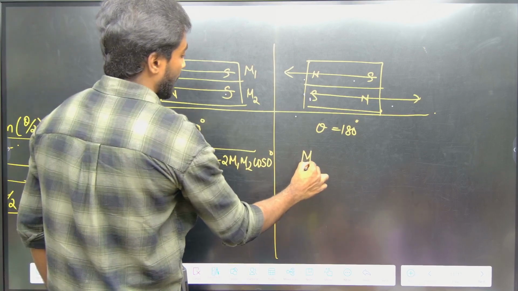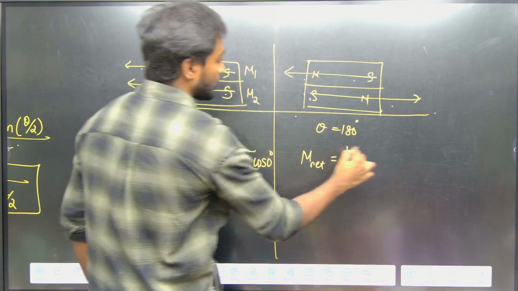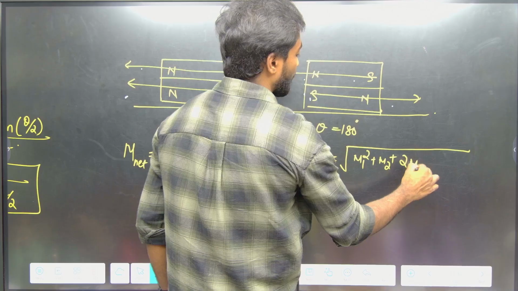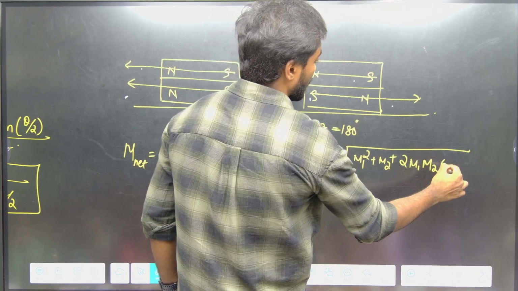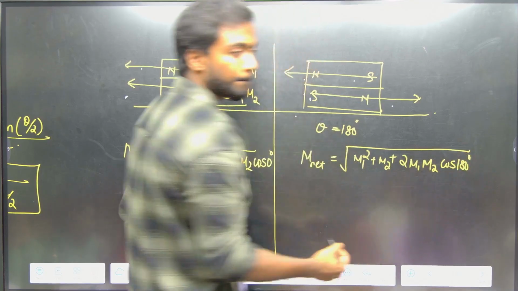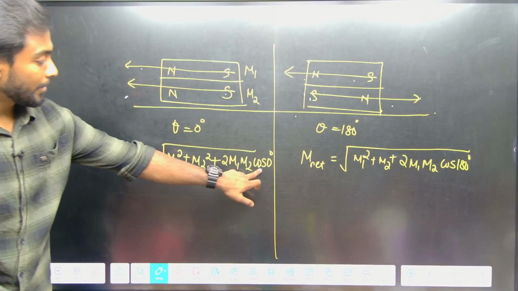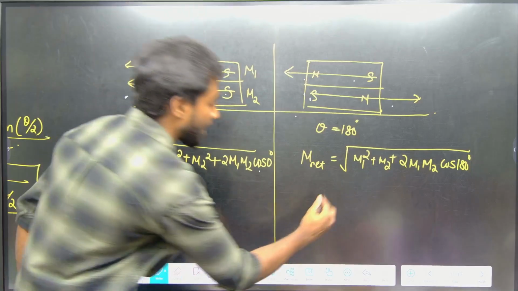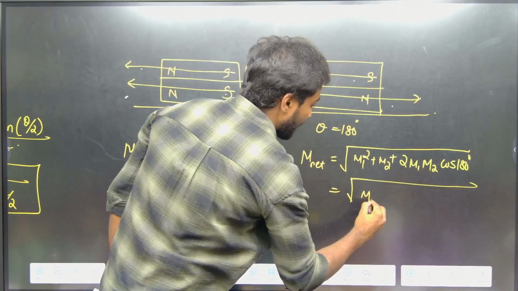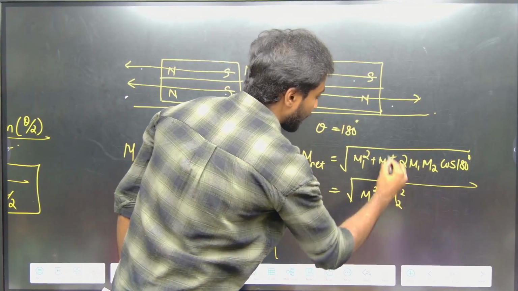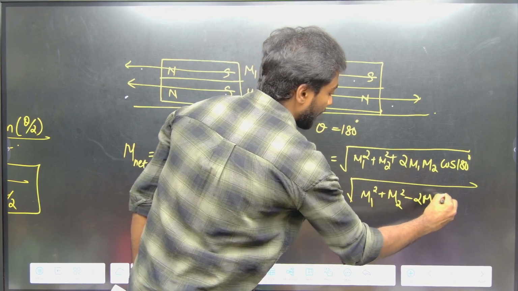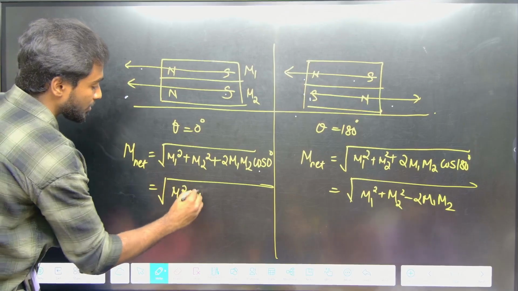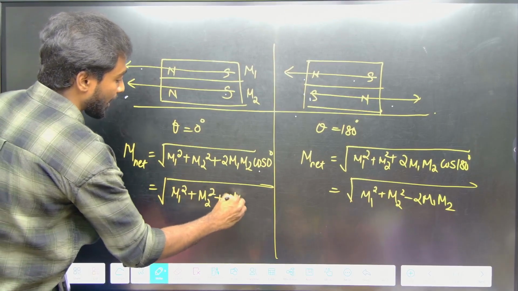Similarly here M net is root over m1 square plus m2 square plus 2 m1 m2 cos 180 degrees. Can I write cos 0 as 1 and cos 180 as minus 1? So I will get root over m1 square plus m2 square plus 2 m1 m2 for the first, and m1 square plus m2 square minus 2 m1 m2 under the root for the second.